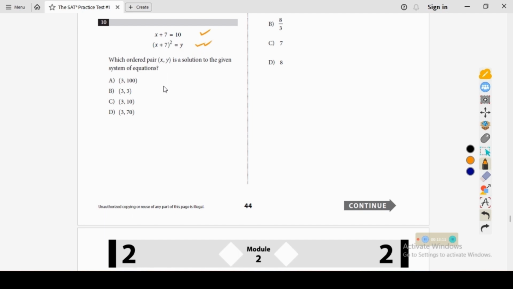So just take the square of the first equation. x plus 7 whole square equals 10 square, so it becomes x plus 7 whole square equals 100. Just by comparing these two equations, the value of y is 100. Let's see which ordered pair has the value y equals 100. Since A has the value y equals 100, A is the correct answer.